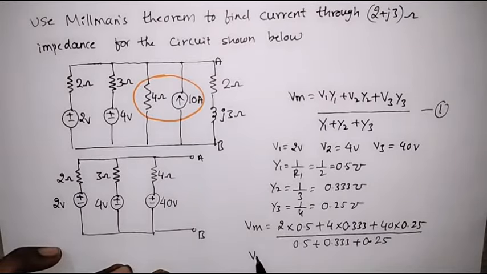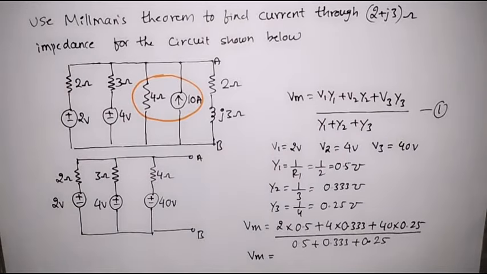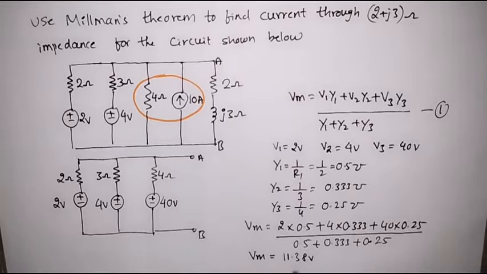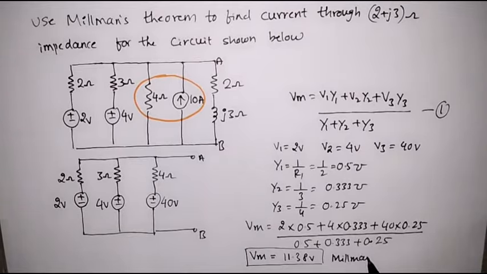Now let's simplify this. Simplifying this, we get Vm is equal to 11.38 volts. So here Vm is Millman's voltage.